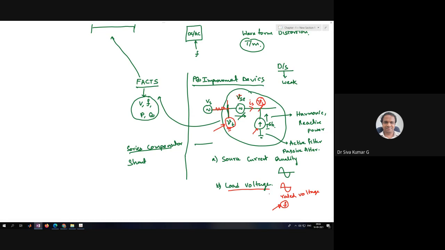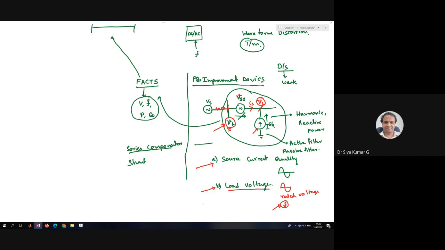That is not in our control. We just control the rated voltage, try to make it a balanced voltage, and make it sinusoidal. The power quality improvement devices are used to improve the source current quality and the load voltage. These are the things you are supposed to know.